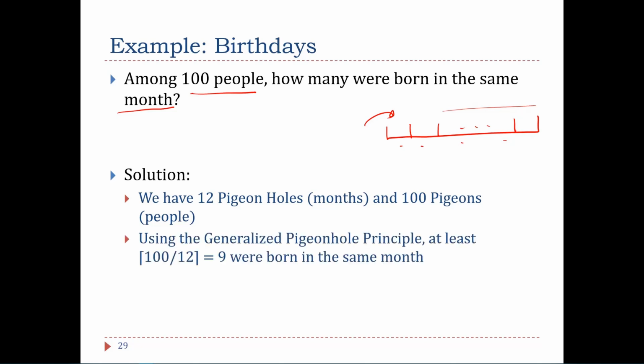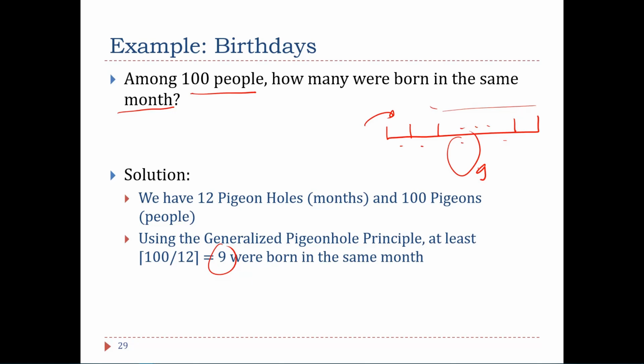So clearly at least one of the months, we don't know which one, would have at least 9 different persons. You cannot have less than that for all the months. Necessarily at least 9 in one of the months.